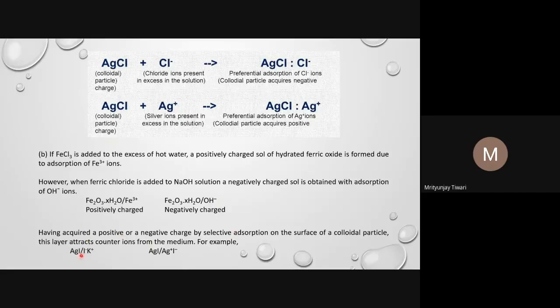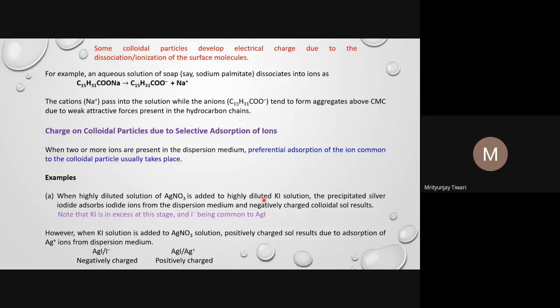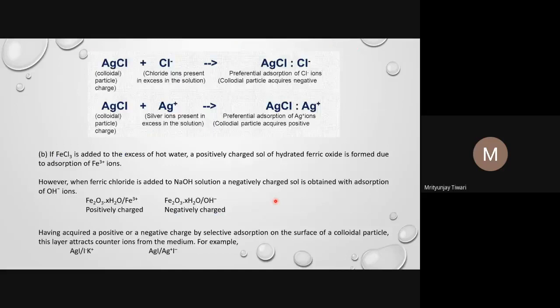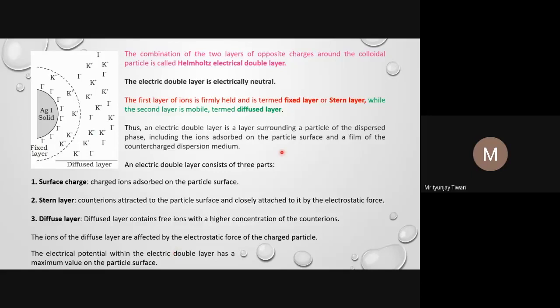Suppose it is AgI, and I- is the negatively charged colloidal particle, so it may attract K+ ions from the solution, because this solution also contains K+ ions. Now this K+ ion behaves as a counter ion. Because the iodide ion is here, the counter ion is the cation. If the sol is positively charged, it will attract negatively charged ions, and that is I- ion.